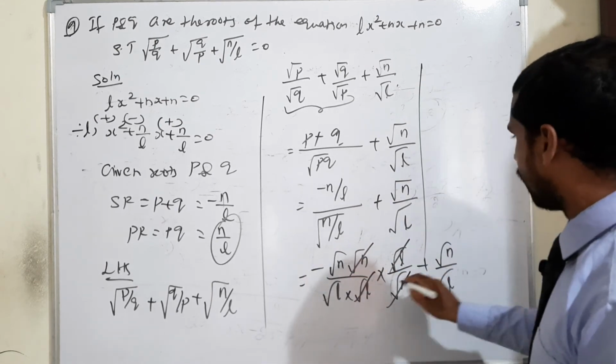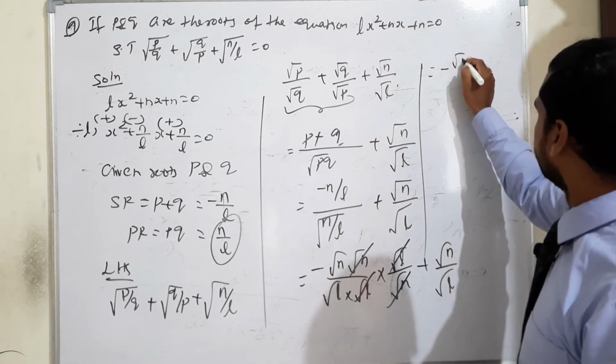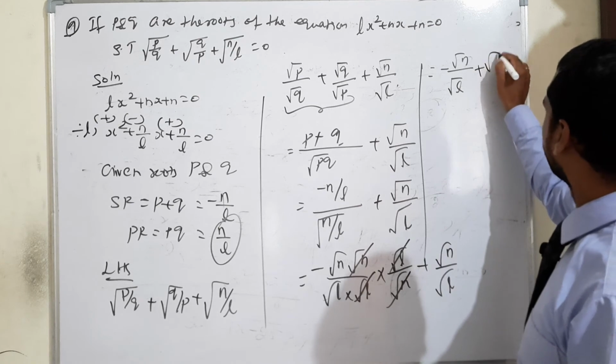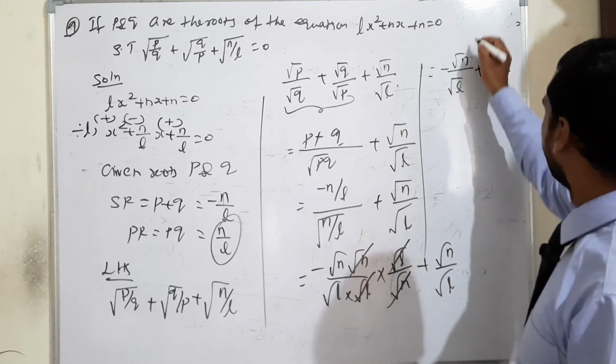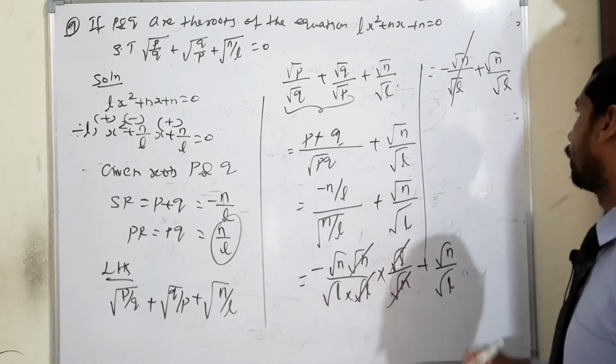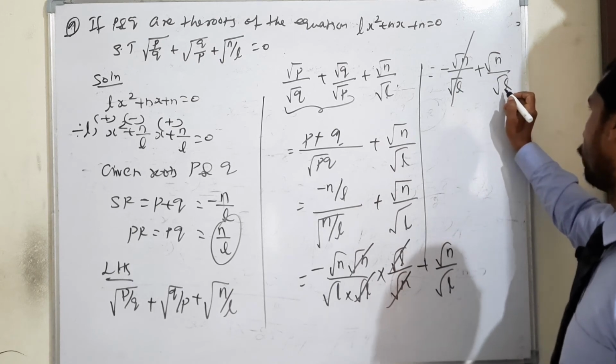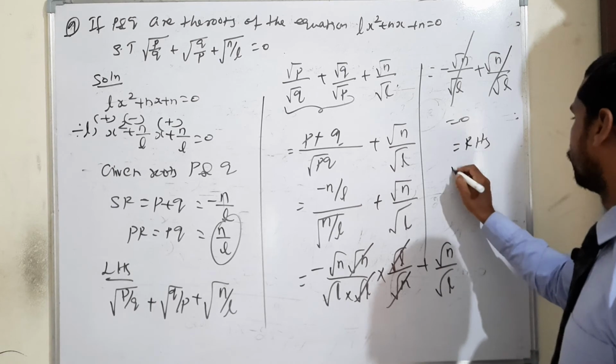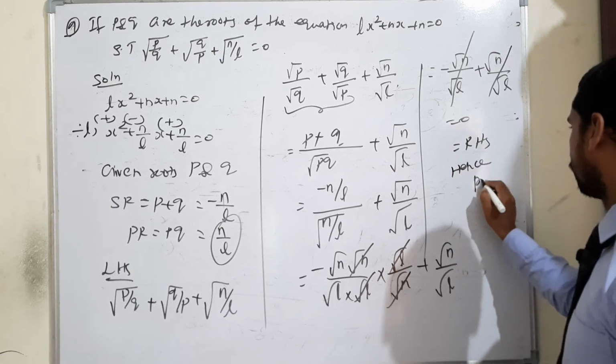After cancellation, what remains? Minus root n divided by root L, plus root n divided by root L. These cancel, so the value will be 0. Therefore, this is the RHS. Hence proved.